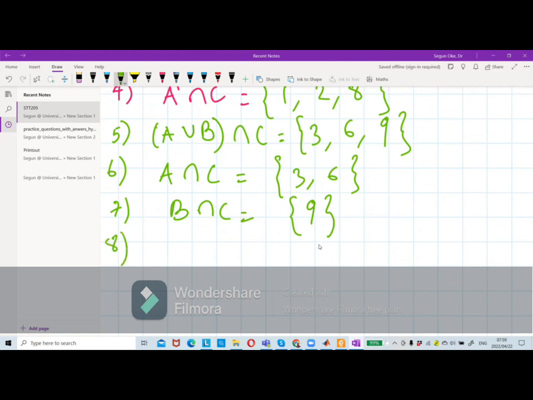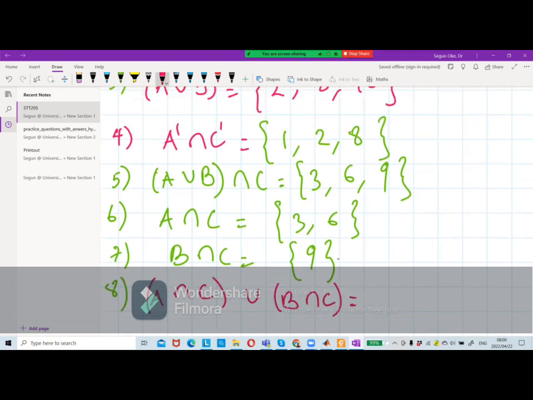Number 8. We have here A intersection C union B intersection C, which is very simple. So what is A intersection C?